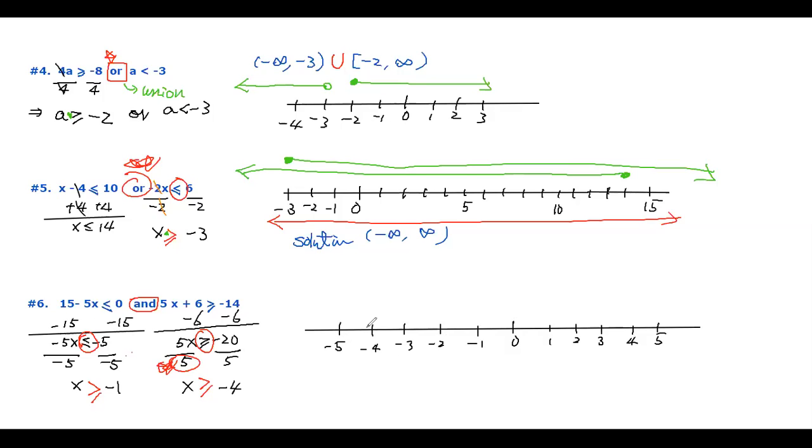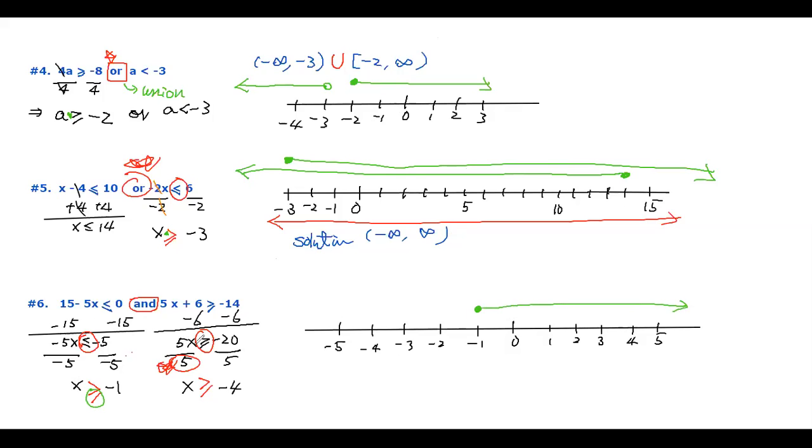So the solution here: first one is x greater than or equal to -1, go right. -1 is here, solid, right? Because I have an equal sign. X greater than, so it's this way.